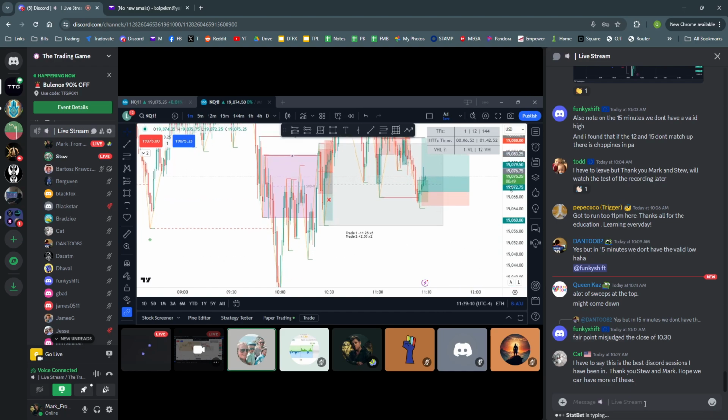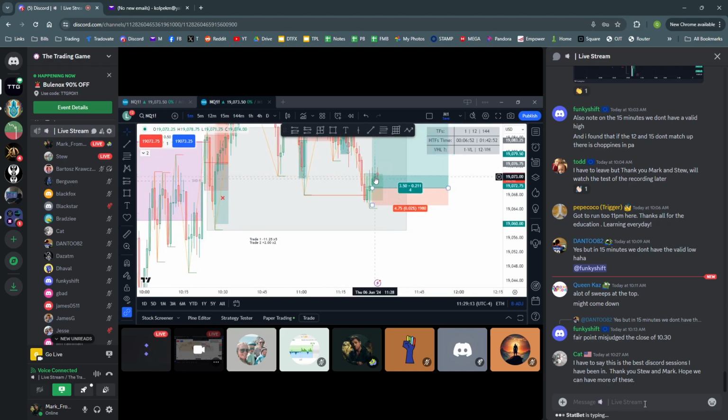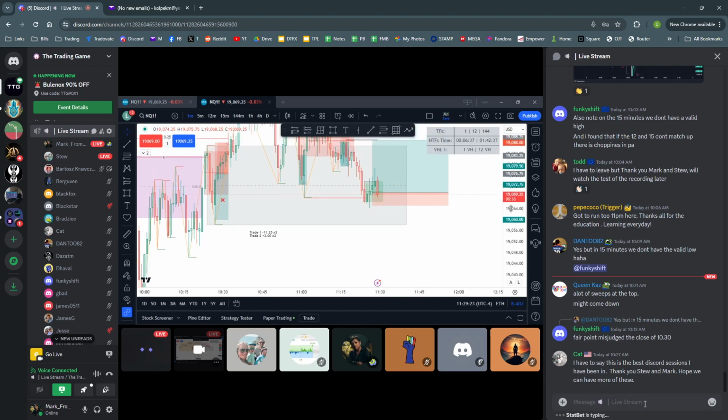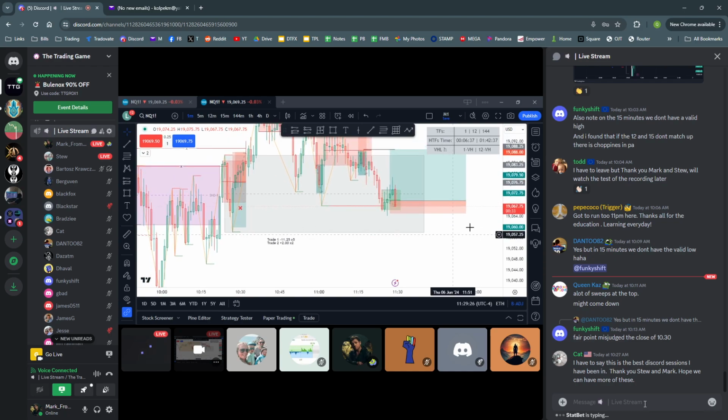Did that candle close? I don't think it did. Close of that candle was 74. High of the candidate candle was 74. So no. And then this guy gapped up. Open was 74.25. Close of this candle was 74.